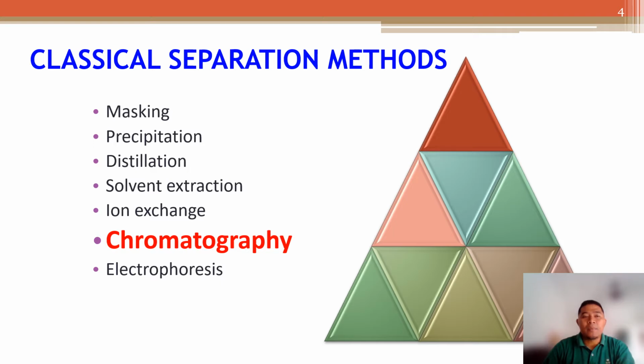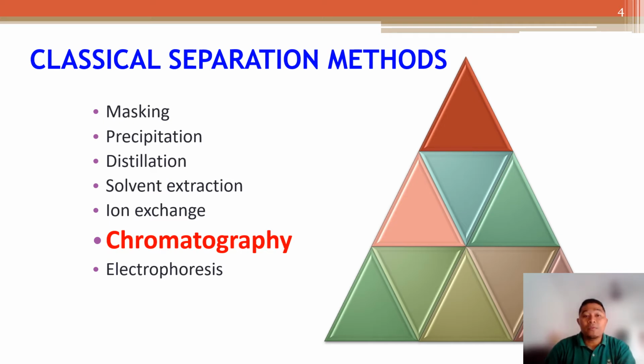For classical separation methods, we have masking, precipitation, distillation, solvent extraction, and also ion exchange. At the same time, you can separate two components by using distillation and precipitation that you have learned in chapter 6.